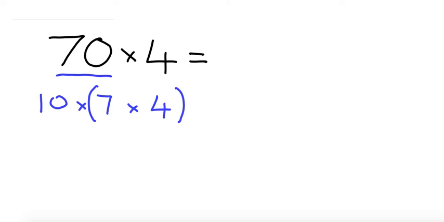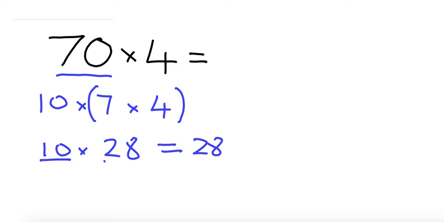So let's do it. 7 times 4 is 28. And we're multiplying by 10, so we simply take our number, 28, and add a 0. So we've got 10 times 28 is 280. So therefore, 70 times 4 is 280.